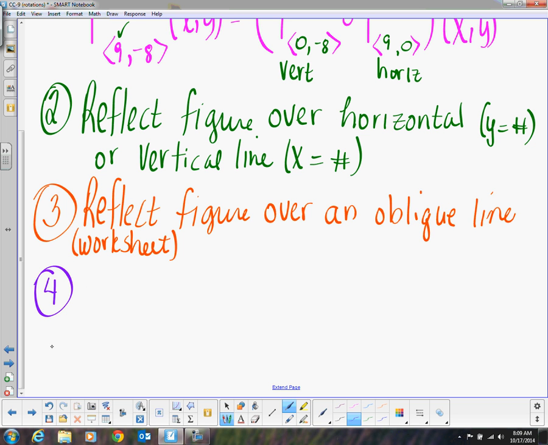Now, I need you to understand notation. So when I say you need to understand notation, I will give you, given a description, of a translation.